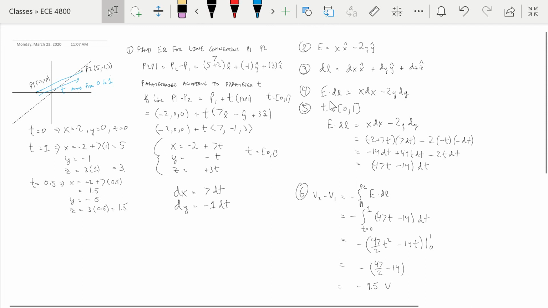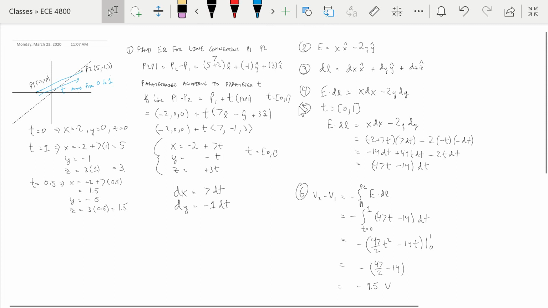Okay, good. So really quickly to recap, first thing we did was parameterize the line connecting P1 and P2, and we put it in terms of a parameter t. We have the electric field, step 2, dl, step 3, E dot dl, we just calculated the dot product between the two.